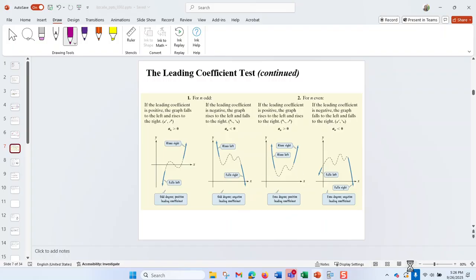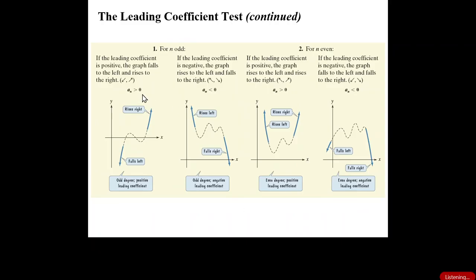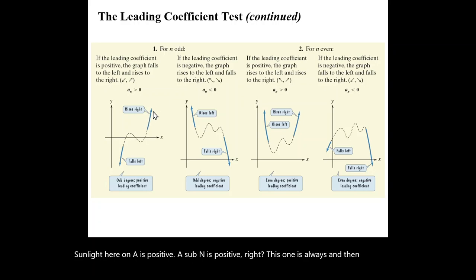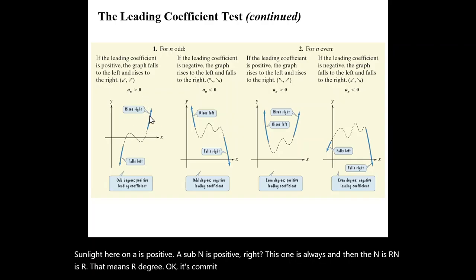All right, so look at this one right here. When a sub n is positive, and the n is odd, that means odd degree. It can be 1 degree, 3 degree, or 5 degree. When it's odd degree, this is always going in two different directions.